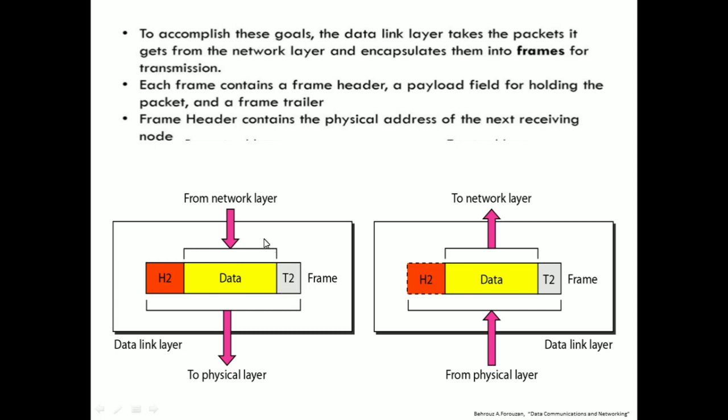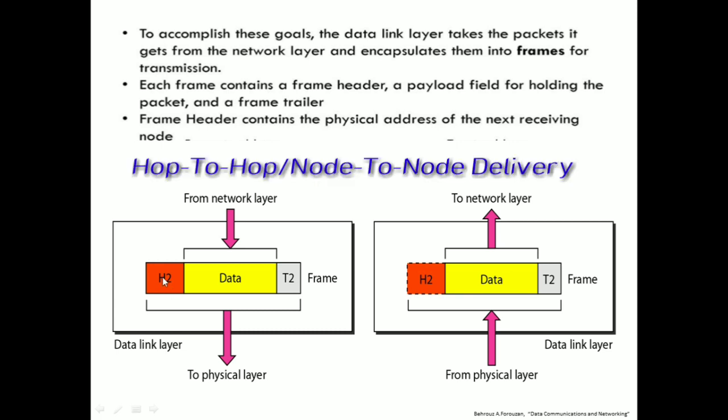The frame header contains the physical address of the next receiving node. As we have already discussed in the example of the data link layer in the ISO OSI model, the header contains the physical address of the next node, and we also discussed that the data link layer is responsible for hop to hop delivery or node to node delivery.